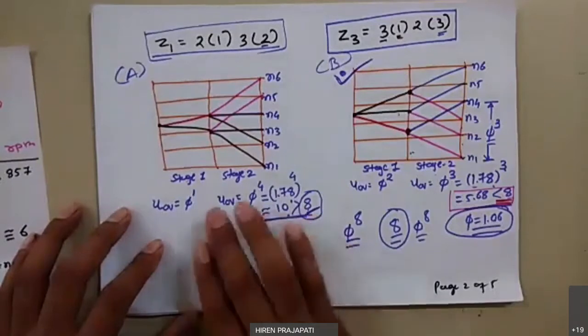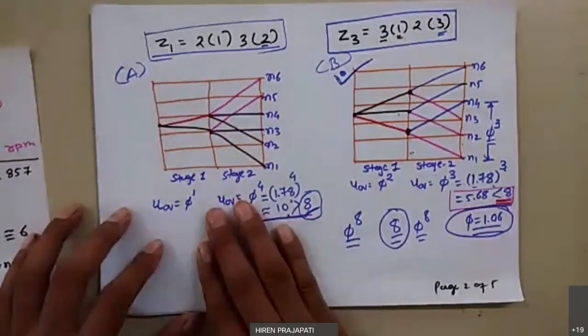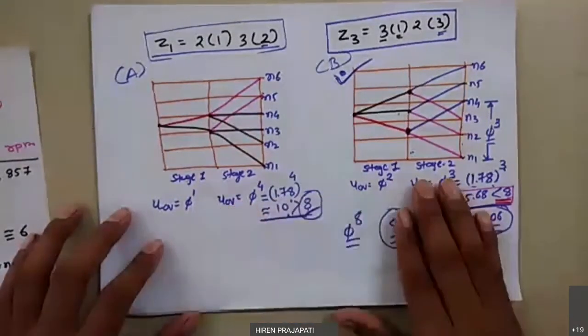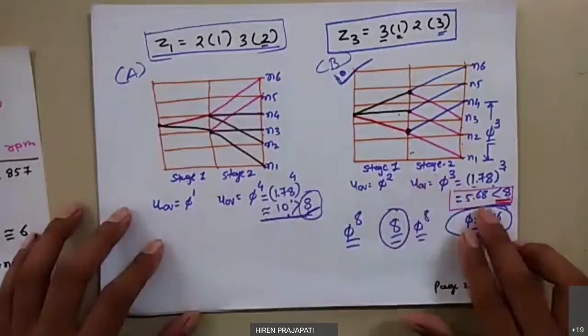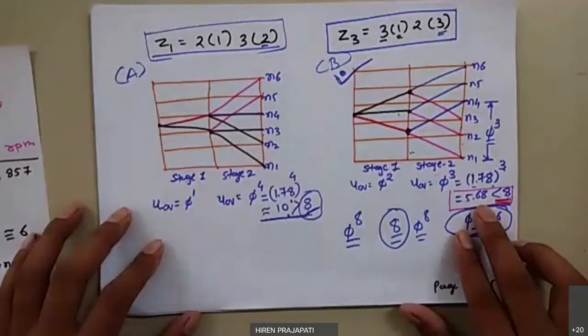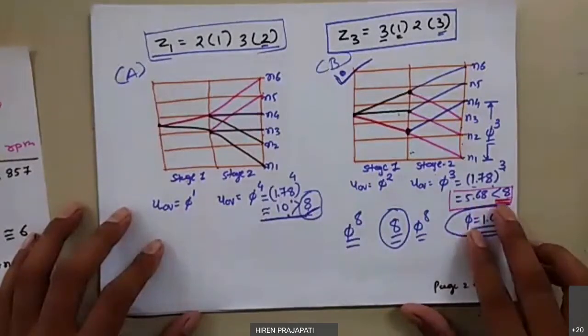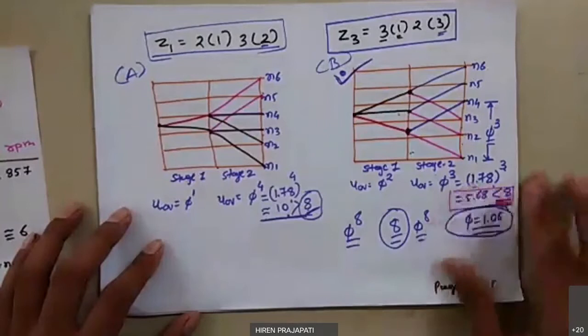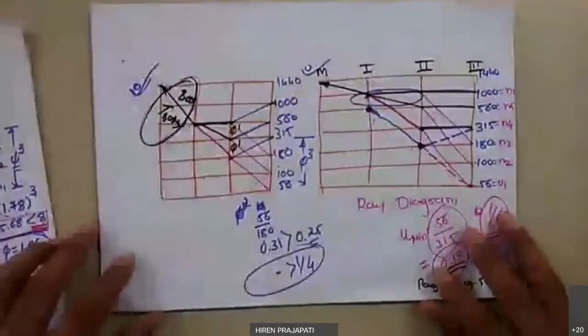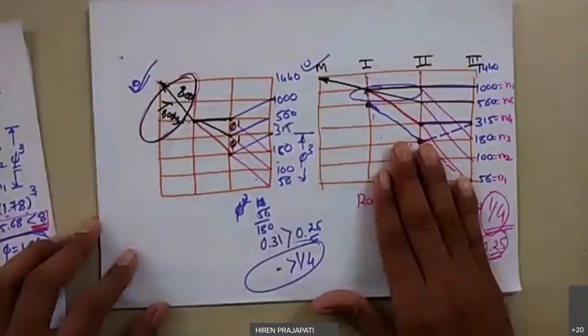So we dropped structure diagram A and moved to the second structure diagram, where we get an overall transmission ratio in phase 2 of 5.68, which is less than 8, right? So we selected this structure diagram, and after that we drew this ray diagram.